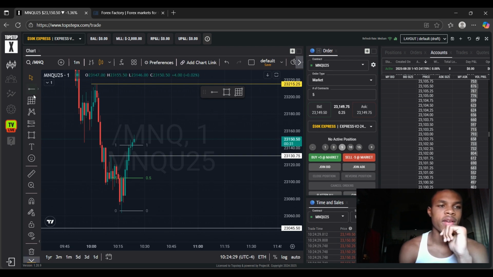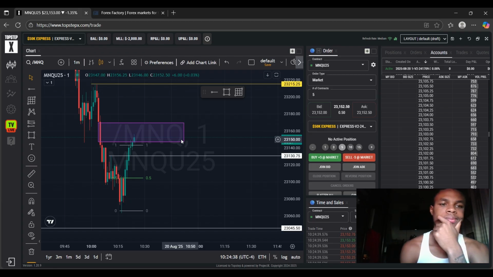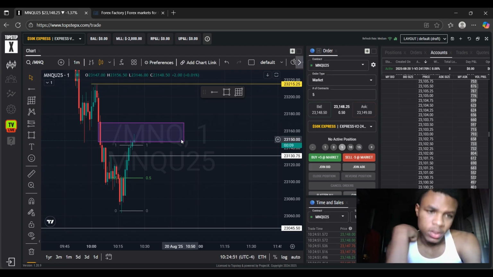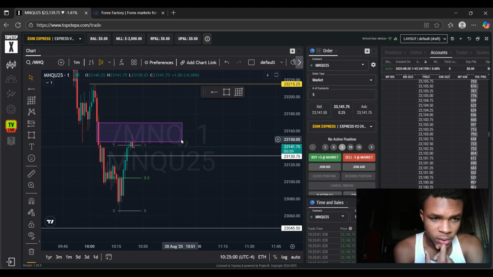We're inside this fair value gap right here. See if we inverse it. Just tap into that fair value gap. Now we're falling. See if we get that breaker structure to the downside like we wanted.